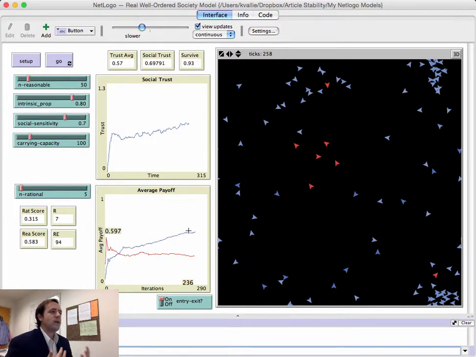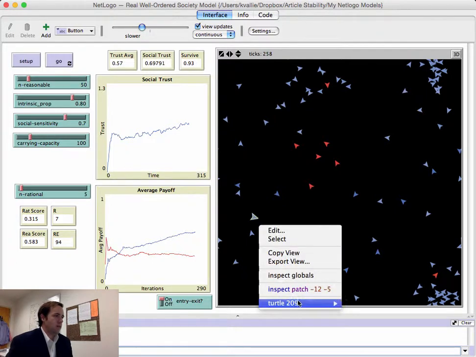So in a sense, we have a kind of growth game where cooperative agents are able to increase each other's average payoffs. And that dynamic does result in being able to beat the merely rational agents, but it turns out it doesn't actually help the reasonable agents beat the rational agents in comparison to a situation where both kinds of turtles entered with an average score of 0.